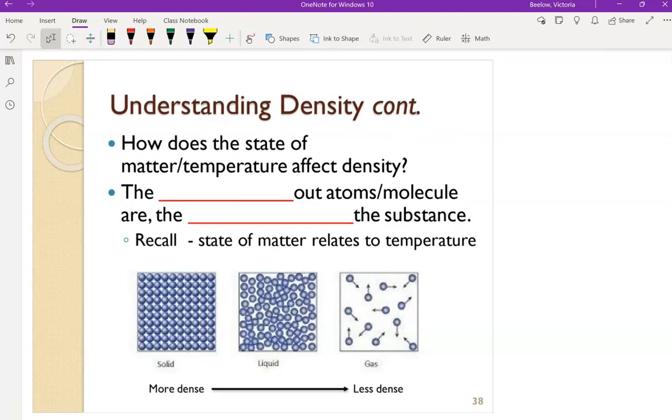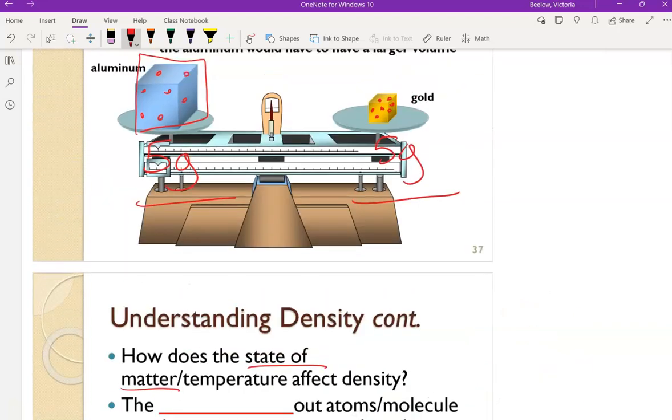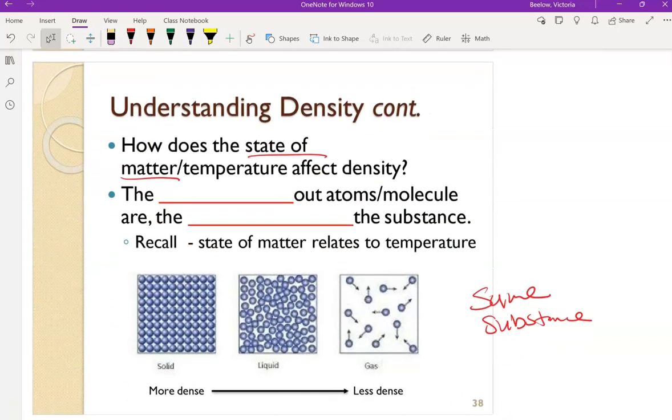Again, a similar idea applies with states of matter and how temperature can affect density. Now, we can really only talk about this if we're talking about the same substance, okay? Up here, we were comparing 2 different substances. So let's talk about just the same substance.